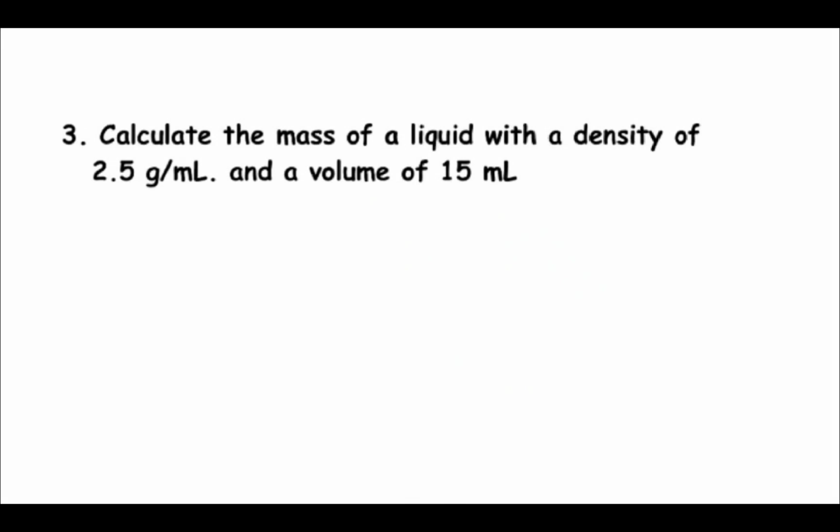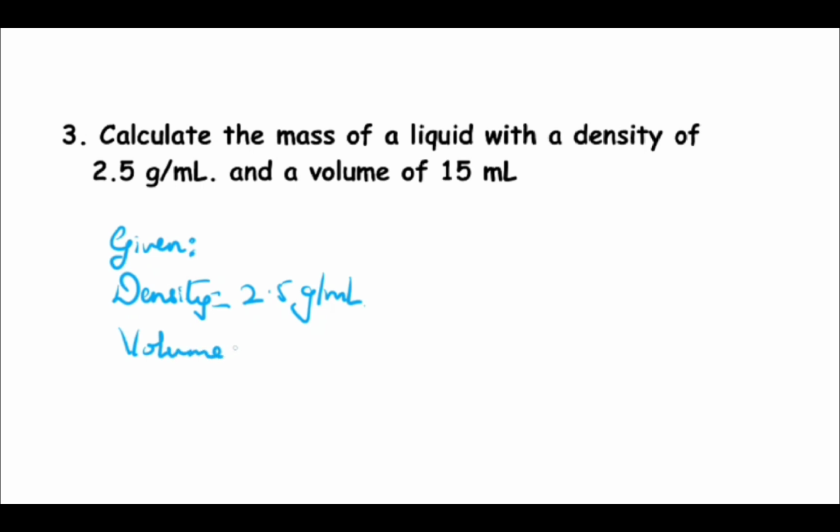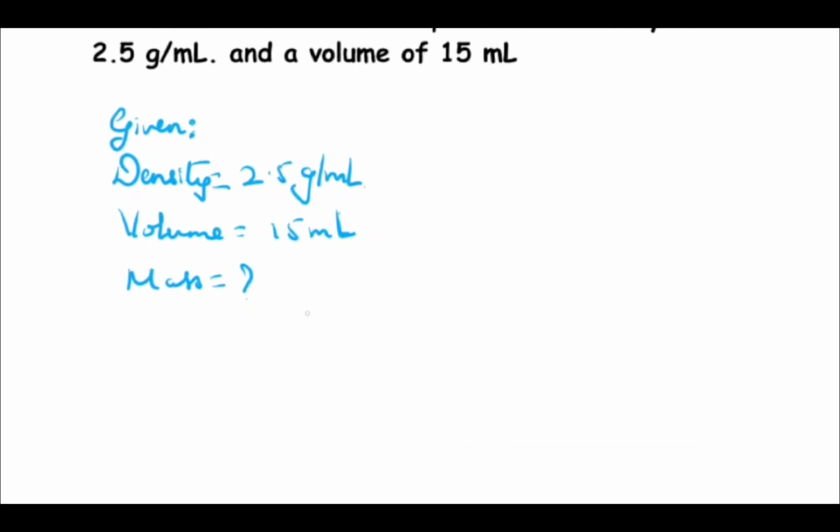Calculate the mass of a liquid with a density of 2.5 grams per ml and a volume of 15 ml. So what is given over here? The density is being given, which is 2.5 grams per ml, and the volume has been given, which is equal to 15 ml. We have to find out the mass. Formula: density is equal to mass upon volume.